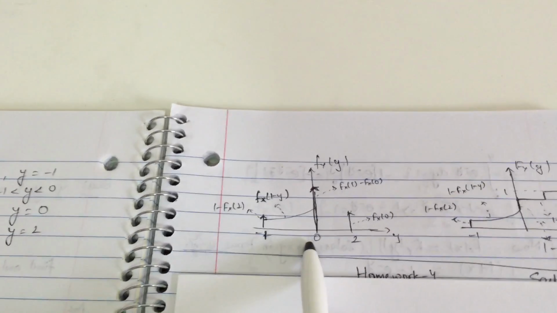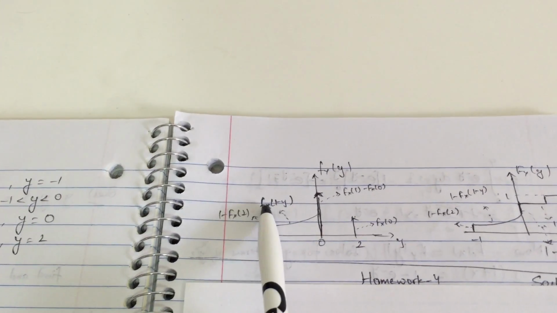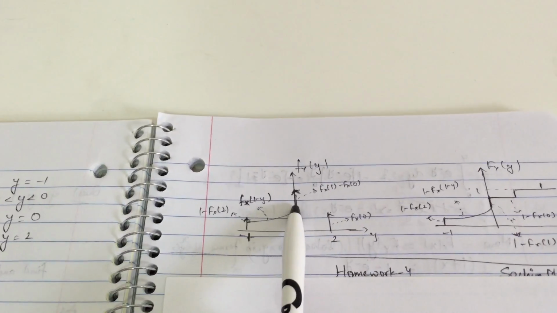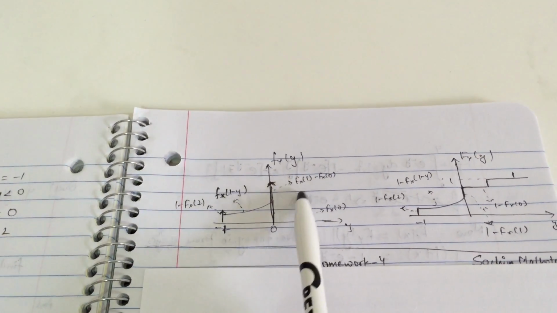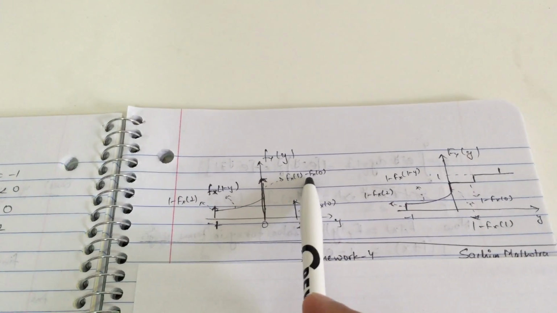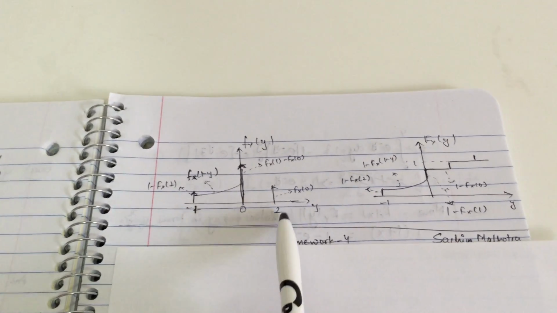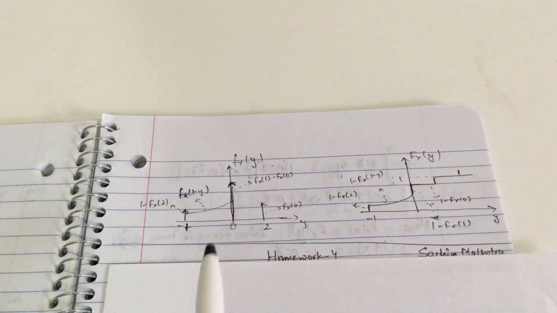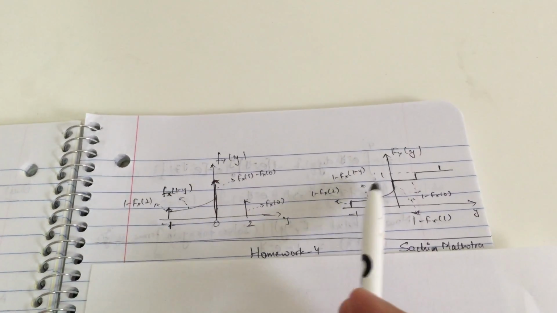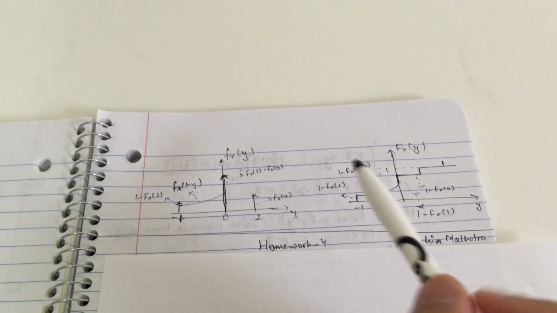And from minus 1 to 0, it is small fx of 1 minus y, that is this curve. At 0, it is another impulse whose area is Fx of 1 minus Fx of 0. At 2, there is another impulse whose value is Fx of 0. From this, we can find capital Fy of y.